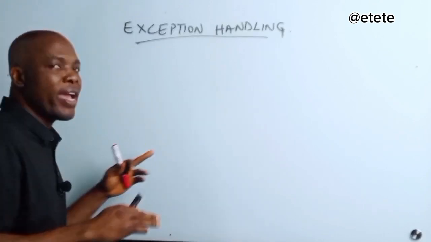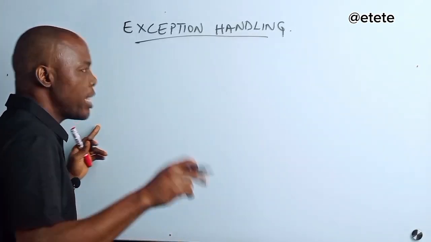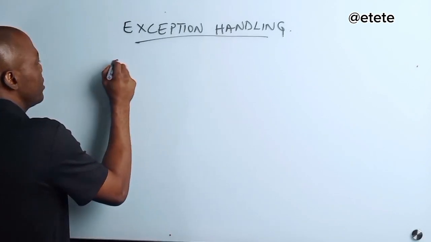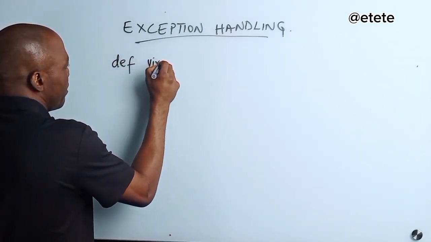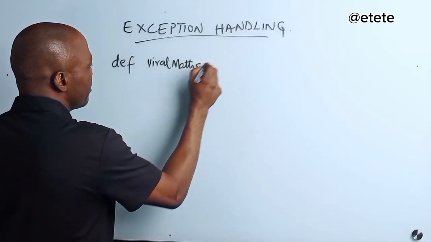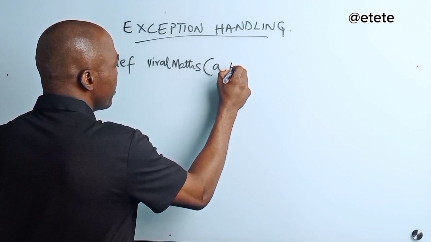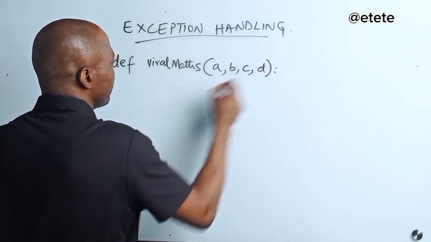So I'm still going to define that function, and then I'm going to use that same mathematics. So I will say def variable math A, B, C, D, right?